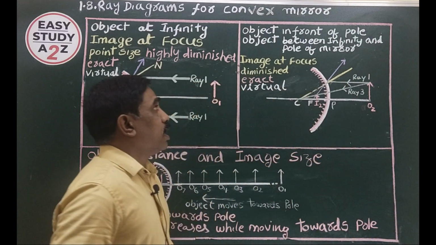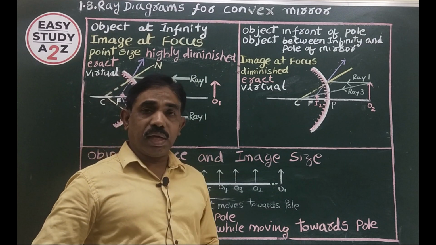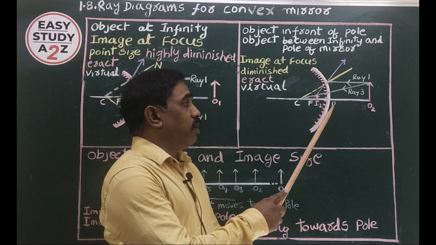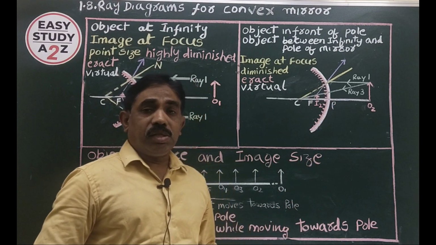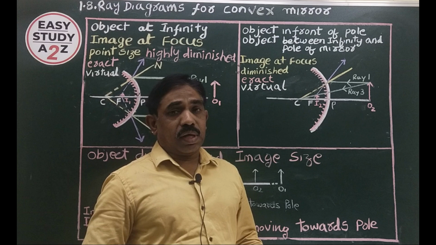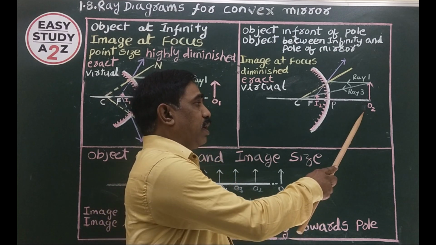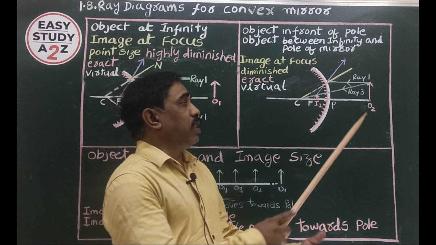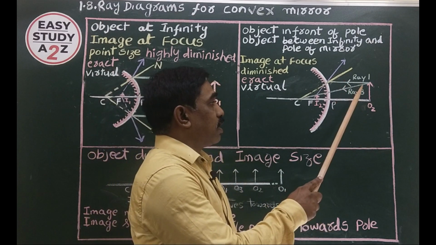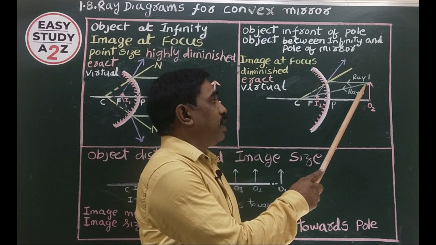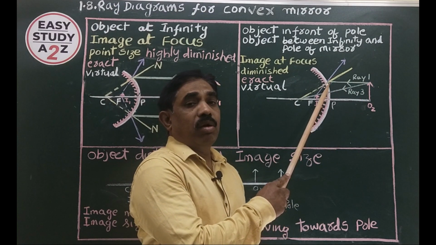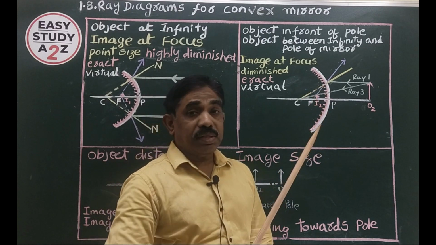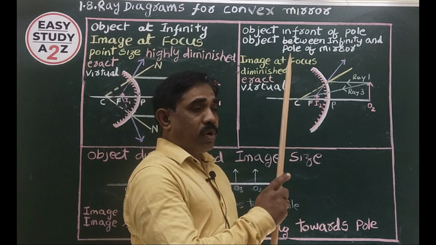Now coming to the second ray diagram. In this case, the object is kept in front of the pole, or else we can keep the object at any place between infinity and the pole of the mirror. Now here, when ray 1 starts from the object and meets the convex mirror, it reflects. The reflected ray appears as if it is starting from the focus.